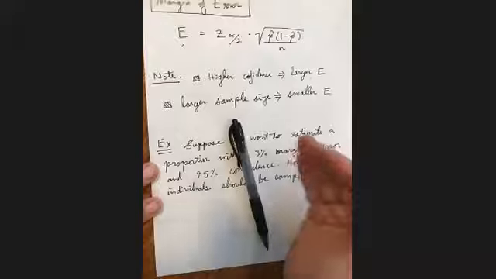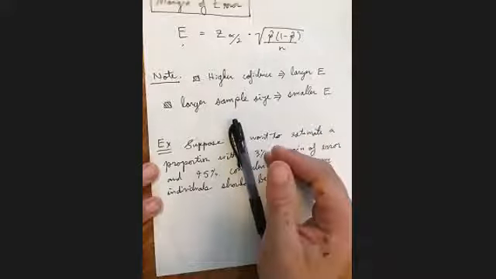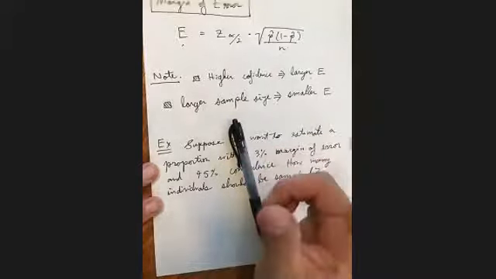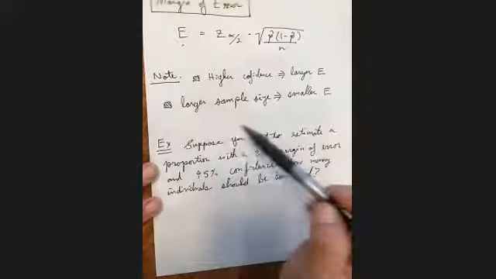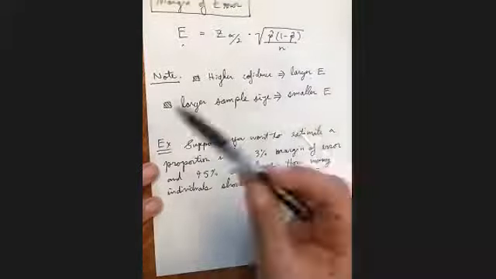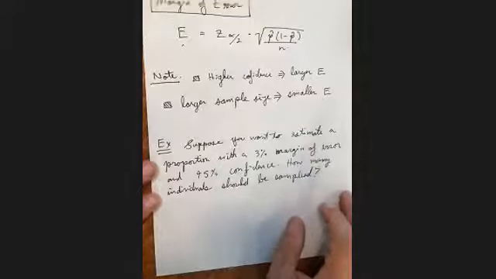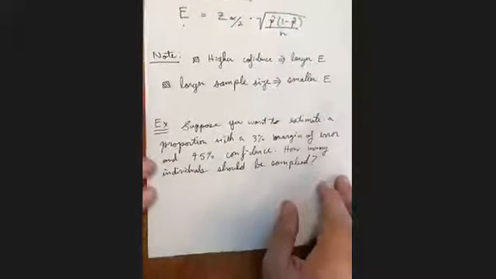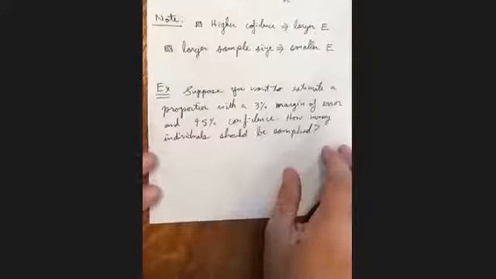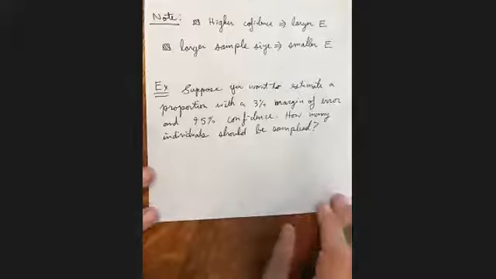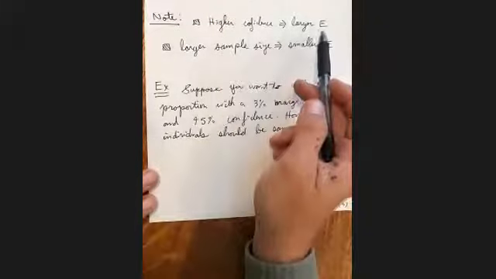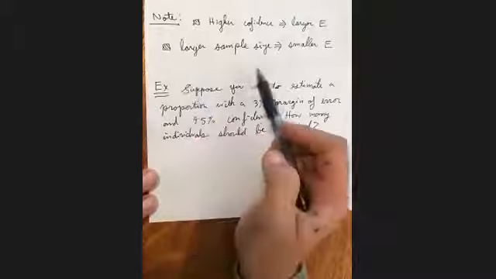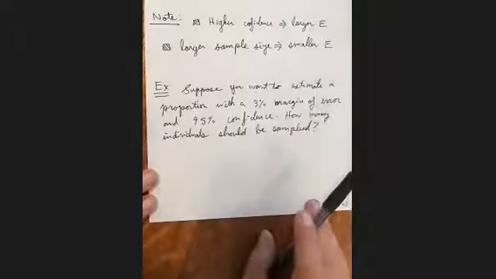We know this from the law of large numbers, or the central limit theorem. As the sample size gets bigger and bigger, the sample distribution gets more and more normal and looks more and more like the actual distribution of the population. So higher confidence, larger margin of error; larger sample size, smaller margin of error.